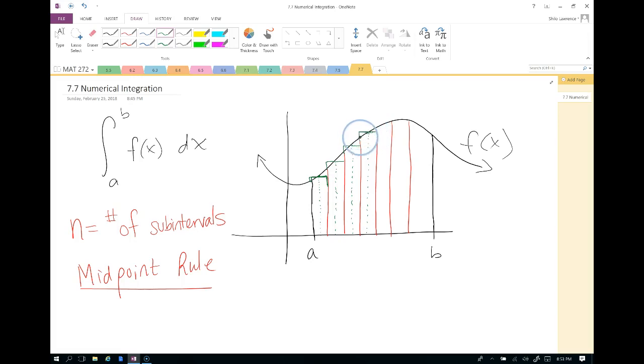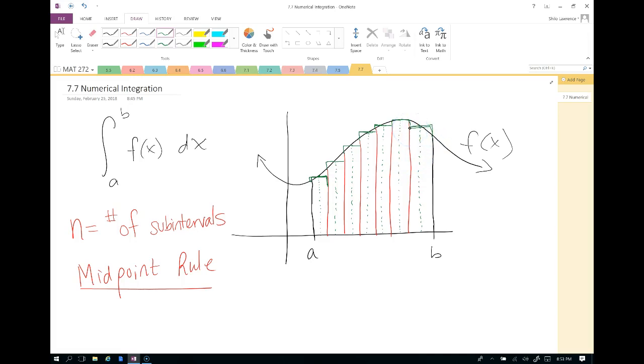So you'll see when I'm drawing these horizontal green lines, on the left they're going above my function, but on the right they're below the function. So that's what I mean where there's an excess on the left, but there's a deficit on the right, and those should cancel each other out. They're not going to cancel each other out perfectly, and this answer we get is not going to be exactly the same as what we would get if we did this theoretically with our integration techniques.